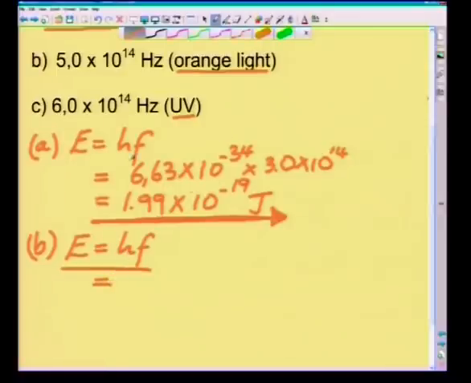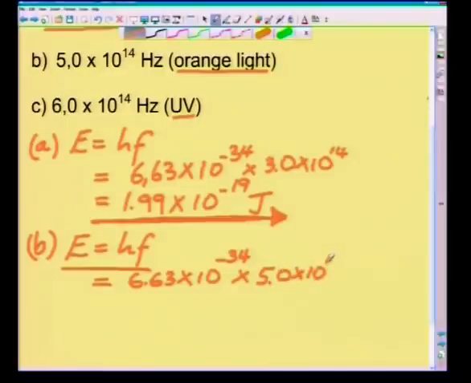The substitution comes next. Then I ask myself, what is h? h is Planck's constant, which is 6.63 by 10 to the power minus 34. This is multiplied by the frequency f, and what is f? For orange light, f is 5.0 by 10 to the power 14.